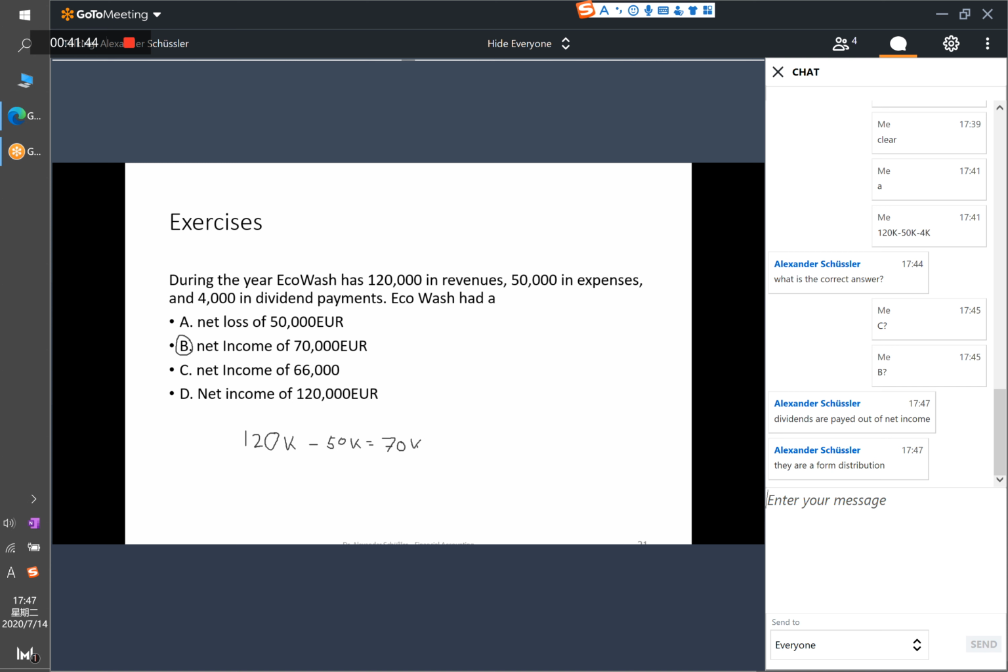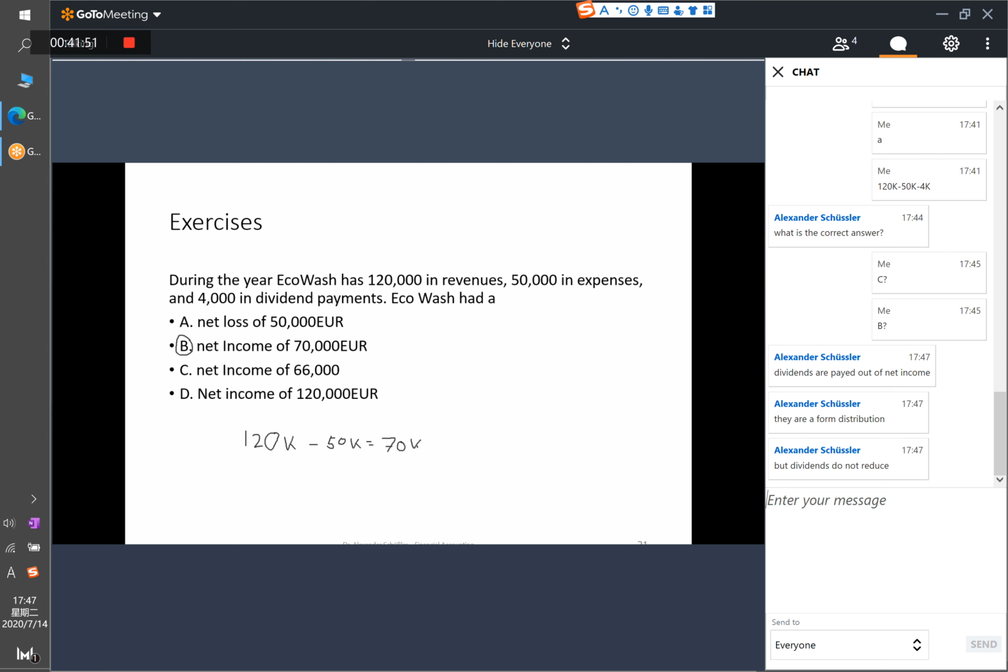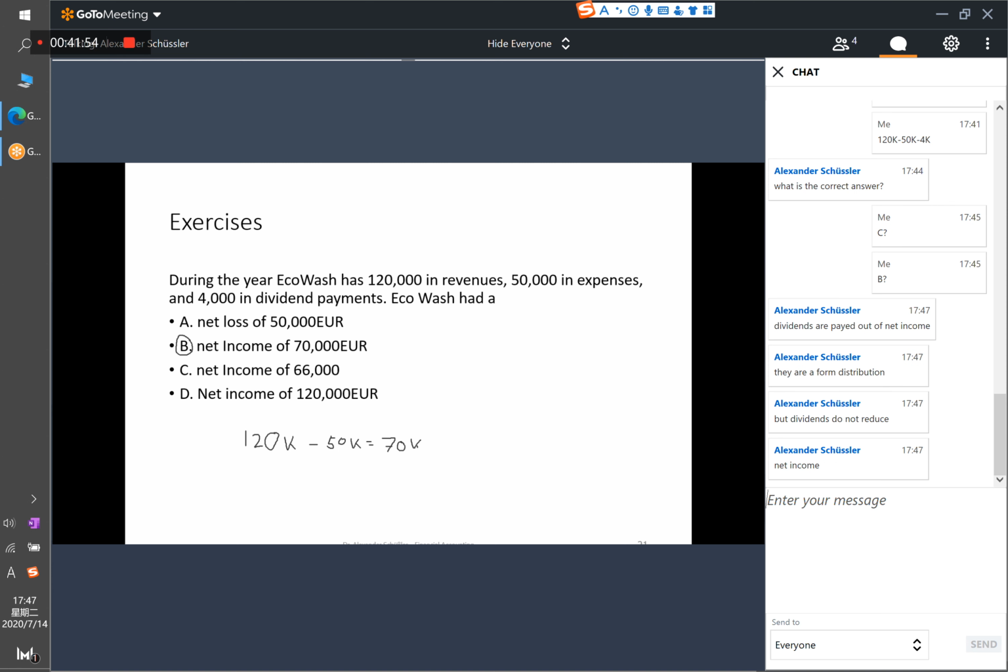But dividends do not reduce net income. So B, net income of 70,000, is correct.